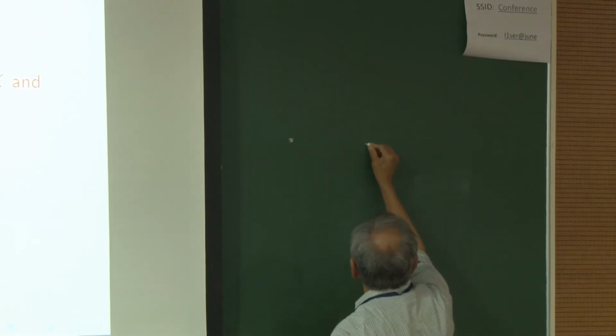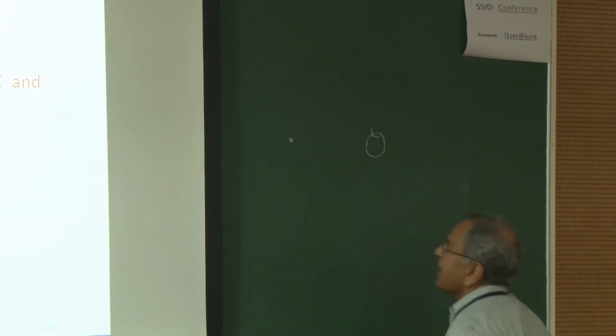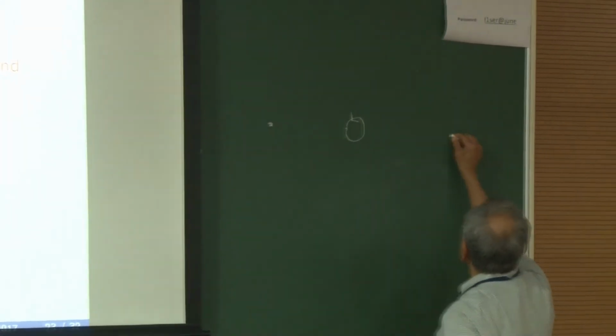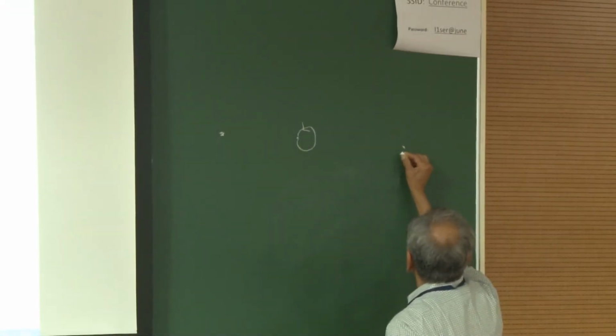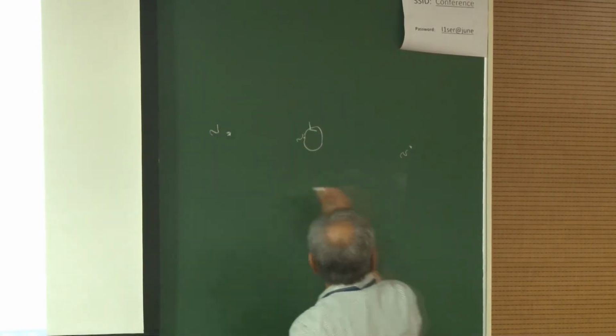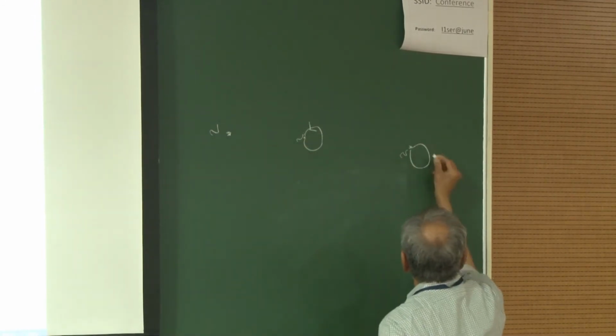Here is a graph consisting of a vertex and a loop. And finally, I have the rose graph that I wrote here.